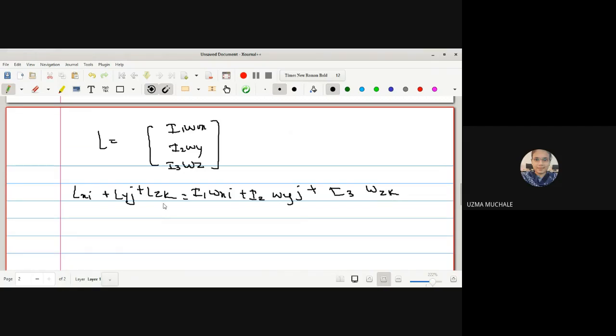And then by equality of our matrices, L is nothing but Lx, Ly, and Lz. So we can write Lx is equal to I1 omega x, Ly is equal to I2 omega y, Lz is equal to I3 omega z.